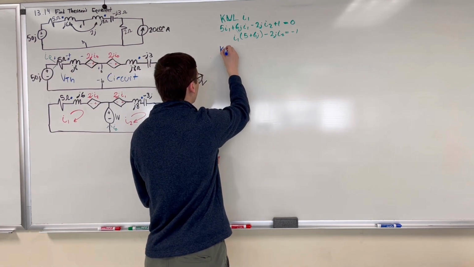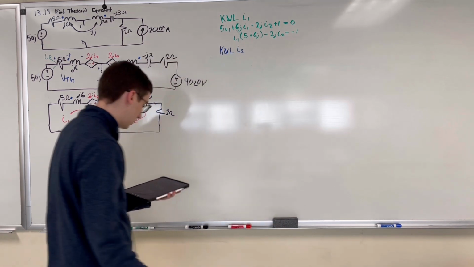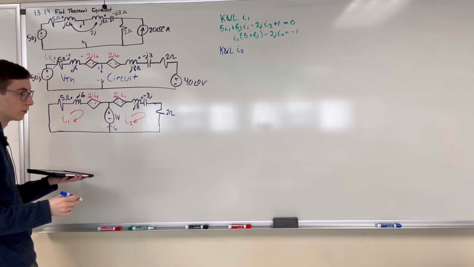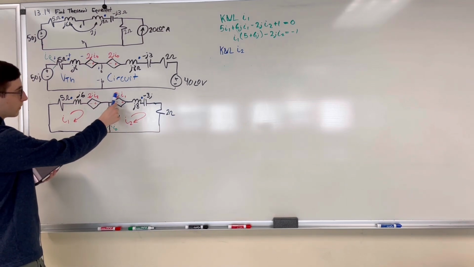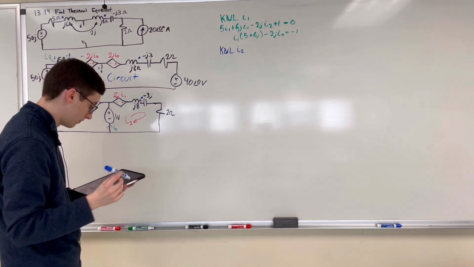And now we're going to do KVL around the I2 loop. KVL of I2 is going to be pretty much the same thing, with just one different component. We still have the source, this dependent source, inductor, capacitor, and resistor.